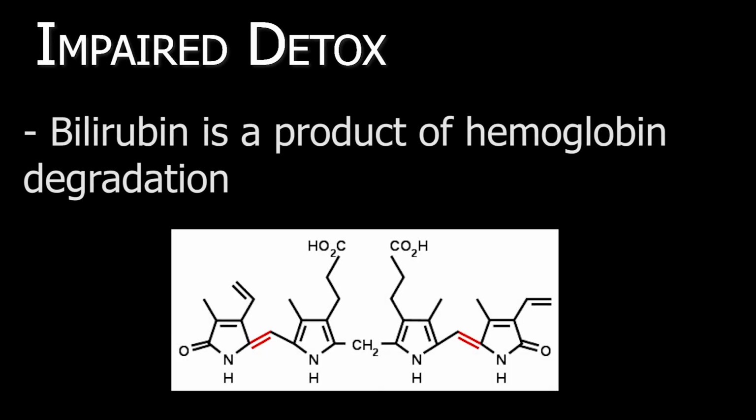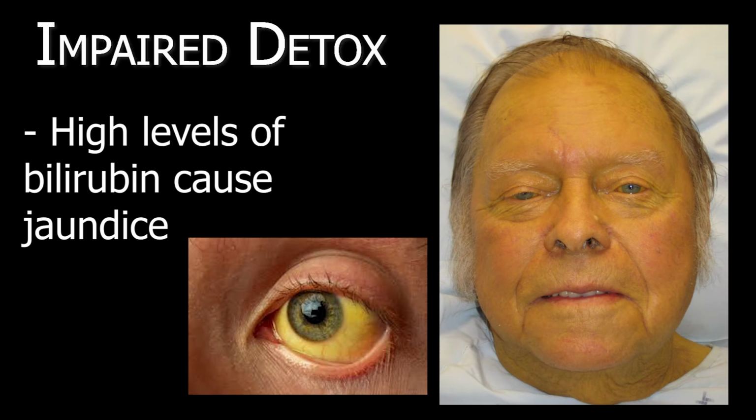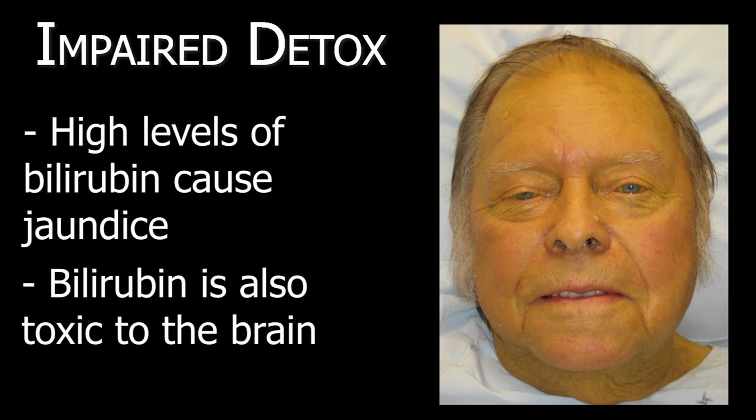Bilirubin is a byproduct of hemoglobin degradation. There's a rather complicated mechanism behind its detox, but we'll not dive into that now. High levels of bilirubin change the color of our eyes, scleras, and then also our skin to tones of yellow. Another big issue with bilirubin concerns the brain. At very high levels of serum bilirubin, it starts to penetrate the blood-brain barrier.